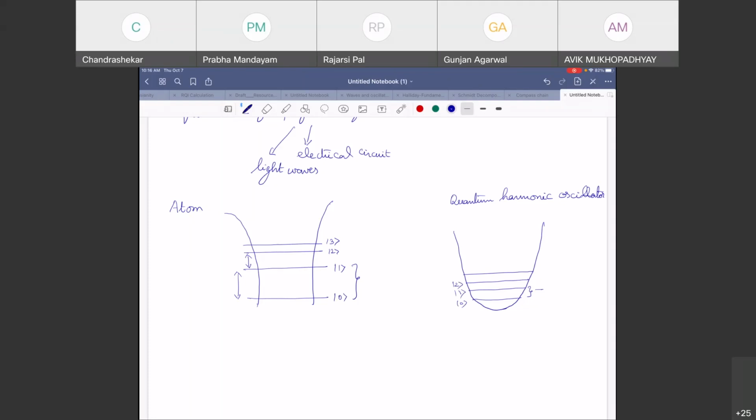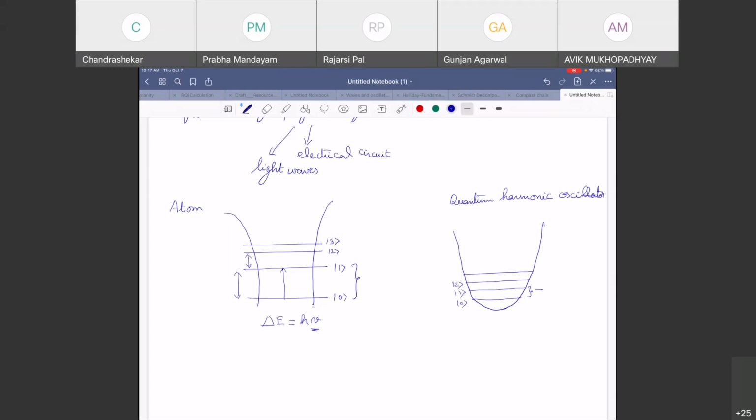If you use a light wave to drive an atom from the ground state to the excited state, you will have to find the energy gap here. Let's call this energy gap delta E, and you can find the frequency of the light needed. Using this, you can drive the transition.